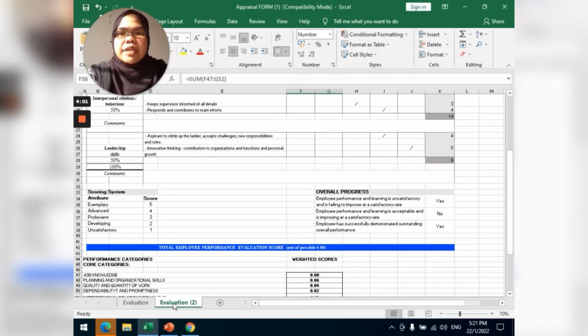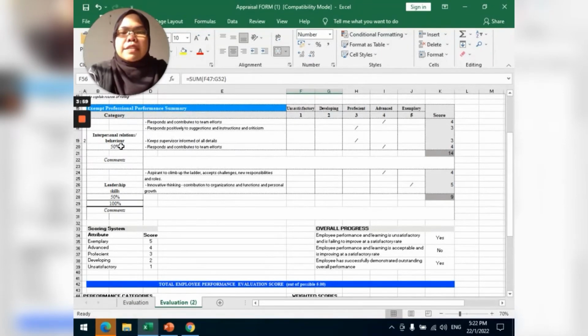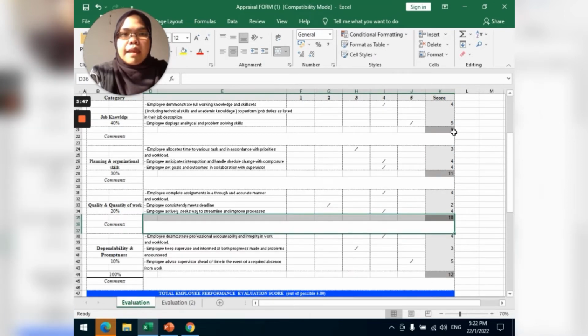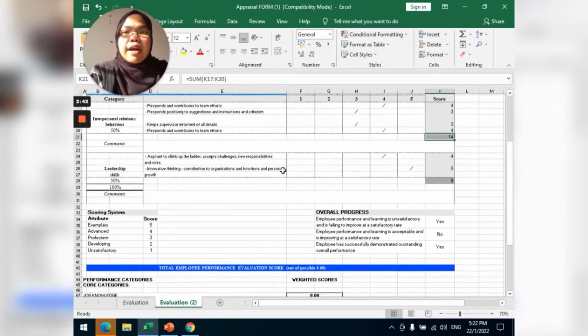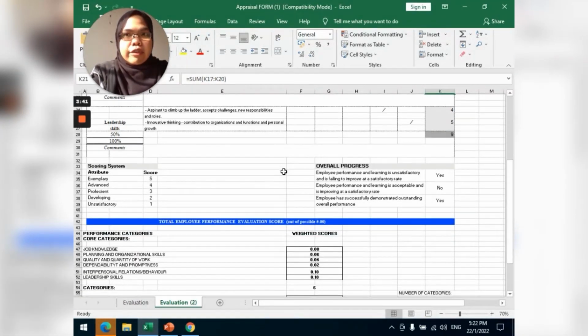The second are interpersonal relations or behavior and leadership skills. Here I have already counted all the scores that this employee got. Now I'm going to show how I calculate the weighted scores.